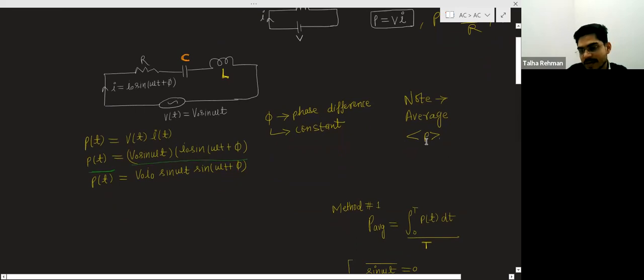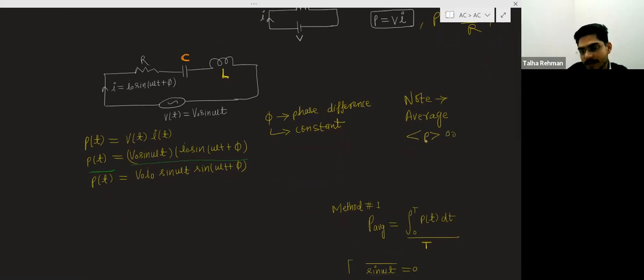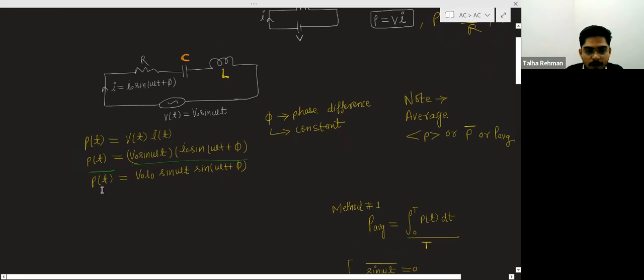We can write average power as P with a bar on it. Okay, this is also average power, or simply we can write P average, P suffix average. So this is P(t), this is power, and this bar means average power. So you will take the bar on the whole of this.